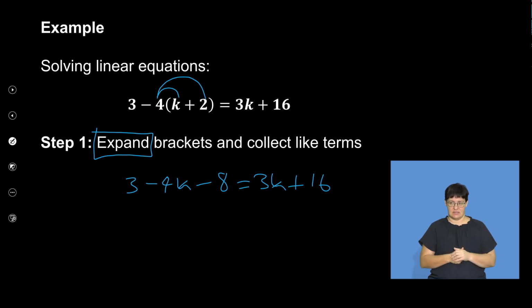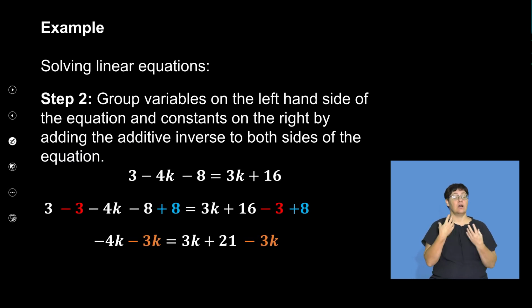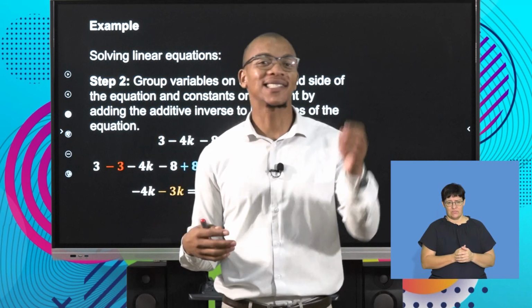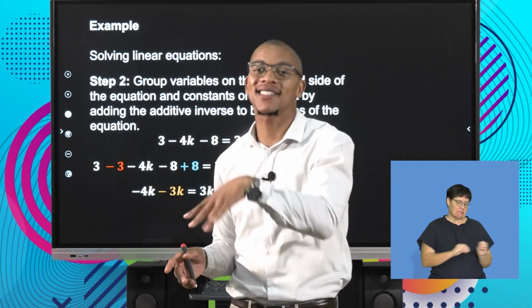That's number 1. Number 2, you then group variables on the left-hand side of the equation and the constants on the right-hand side of the equation by adding the additive inverse on both sides. Now, I know that most of the time we are told to take it to the other side and it changes the sign.